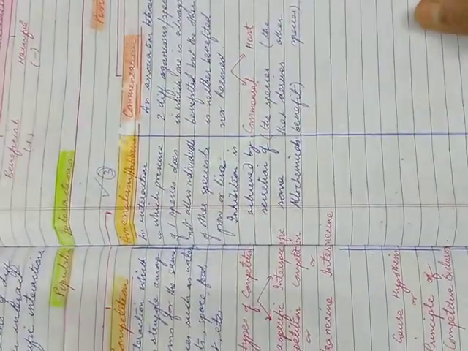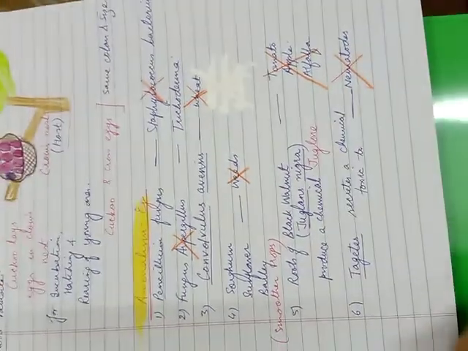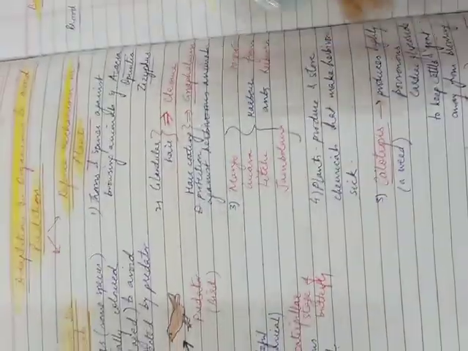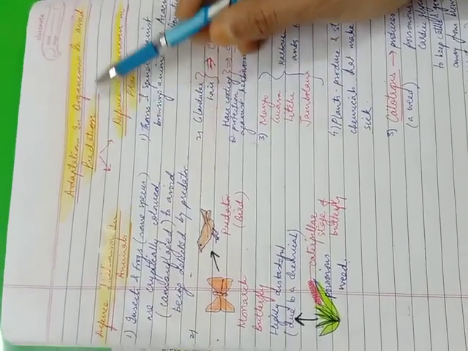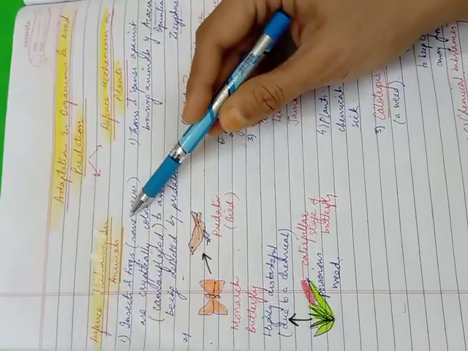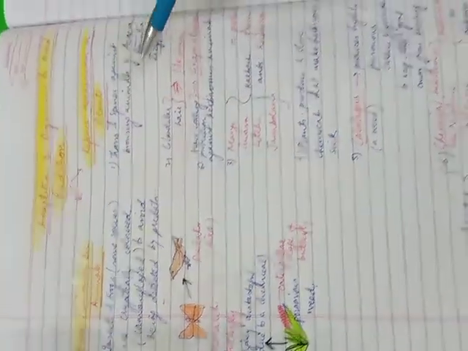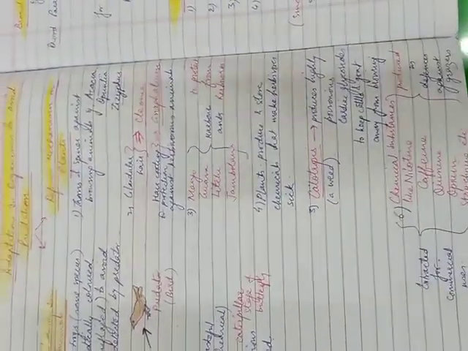Then amensalism we did, which is also under the negative interactions, and the examples, right? Predation, what we discussed, that is the adaptations in organisms to avoid predation, defense mechanism in animals and defense mechanism in plants.